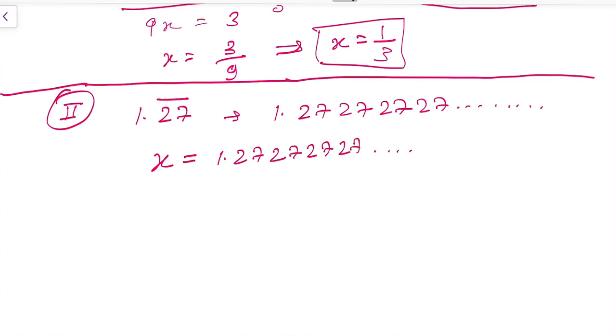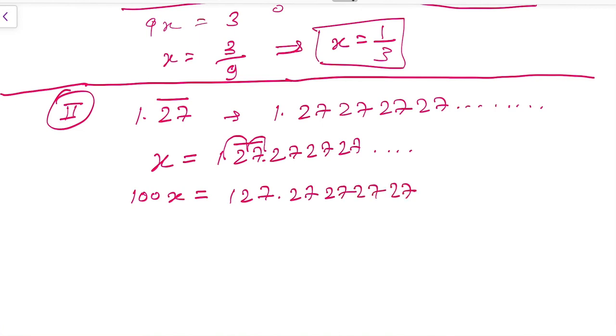Here 2 digits are repeating, so to bring the point over here we multiply by 100, putting 2 zeros, so it becomes 100x and 127.272727 continuing till infinity.